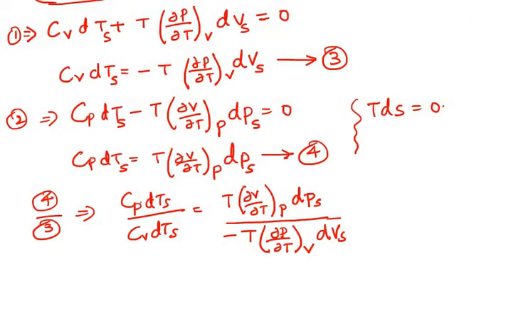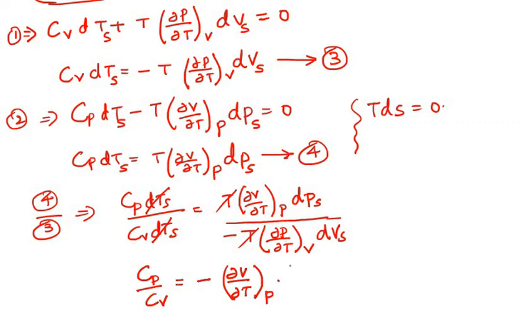Now you cancel the terms dT_S, numerator and denominator. So Cp by Cv is equal to minus, here T gets cancelled, so I will be having dou V by dou T at constant pressure.